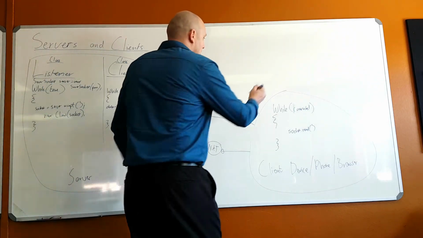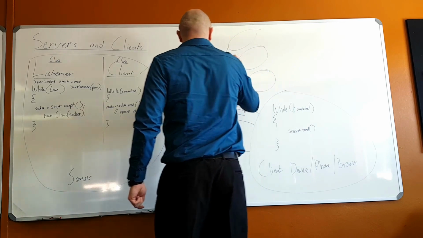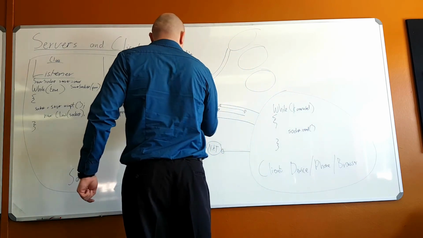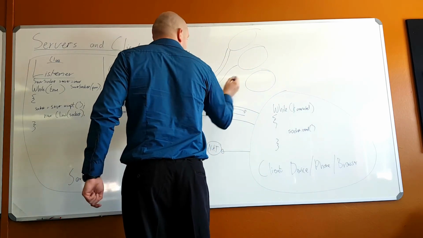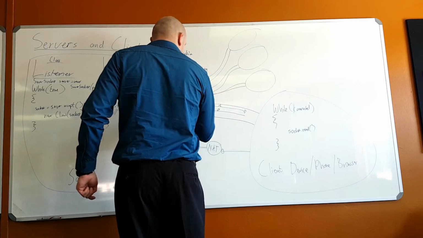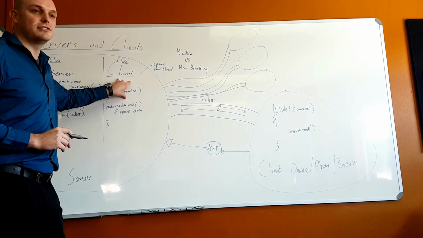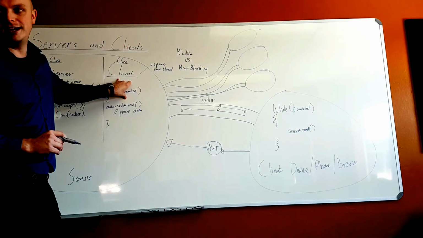Just to draw it out, there's a lot of these, and they all have sockets connecting to the server. Each one of them will have its own dedicated instance of this class with a dedicated thread.